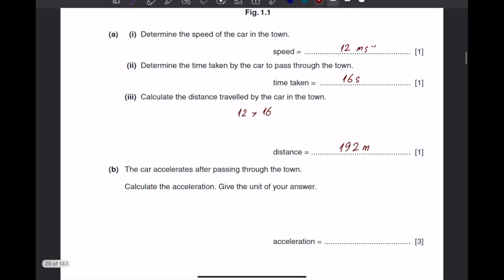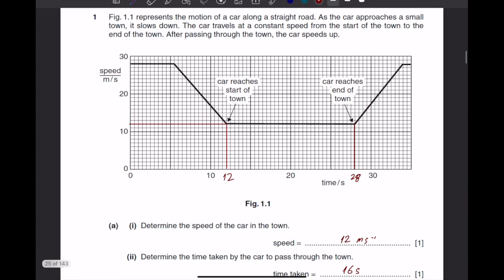The car accelerates after passing through the town. Get the acceleration and also get the unit for your answer. When it accelerates, this part of the graph represents the acceleration. It is a straight line segment, and the gradient of this line segment must be equal to the acceleration. So I can read the initial point and the final point and determine the gradient.